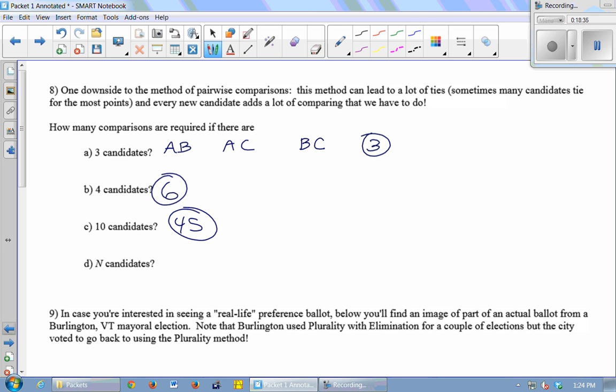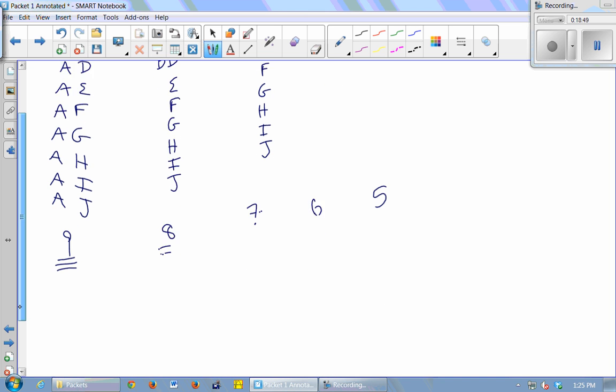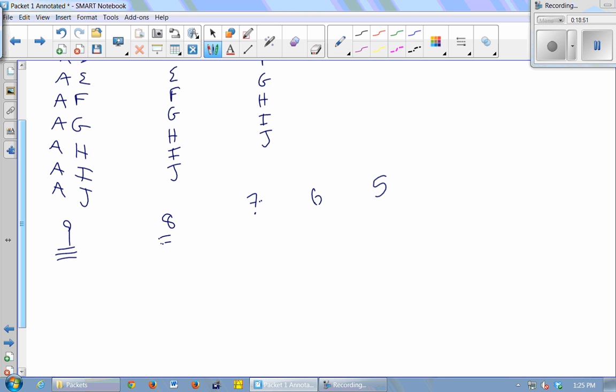For N candidates, you end up having to add up all the numbers from 1 to what? N minus 1, yeah, because for 10 candidates, we had to add up 1 plus 2 plus 3, and we stopped at 9, because there's no A versus A, right?